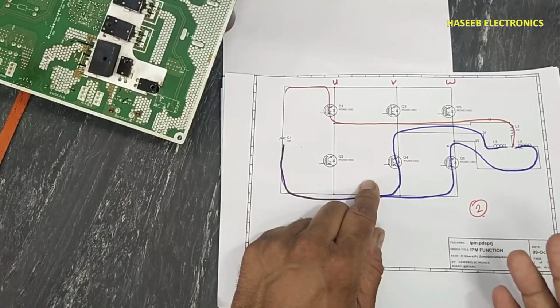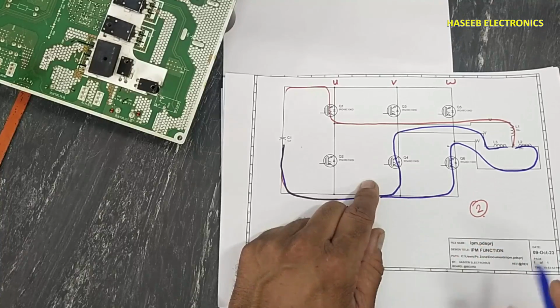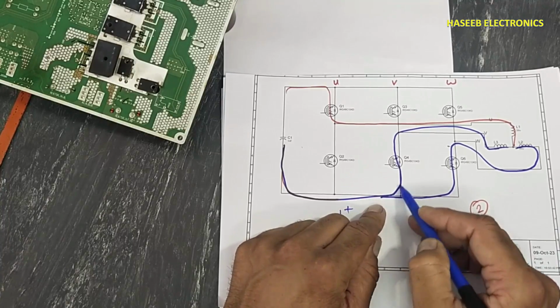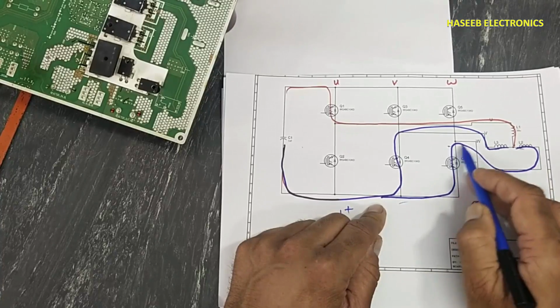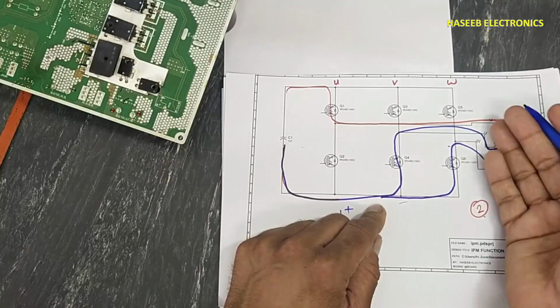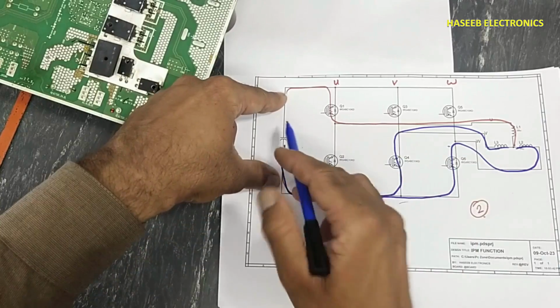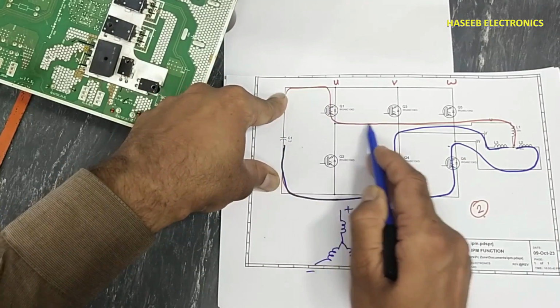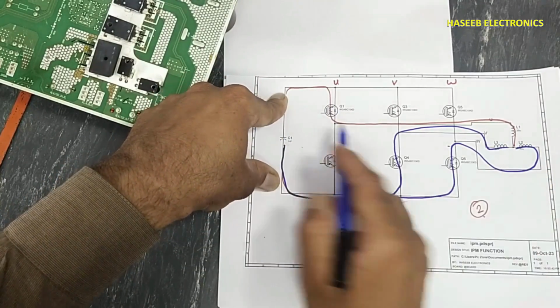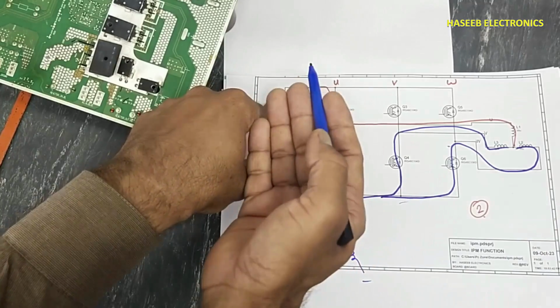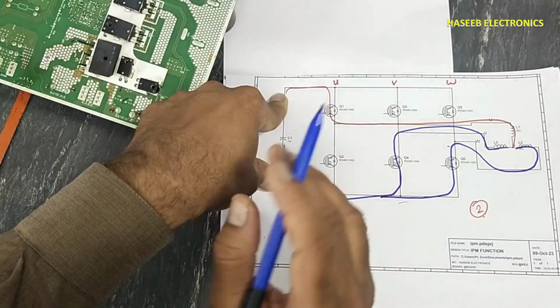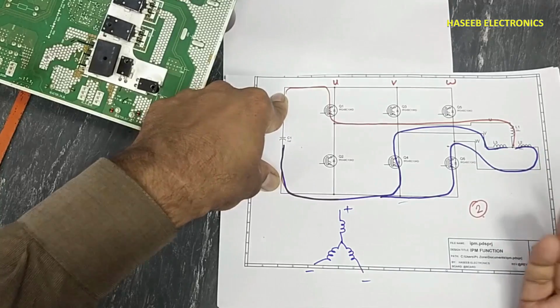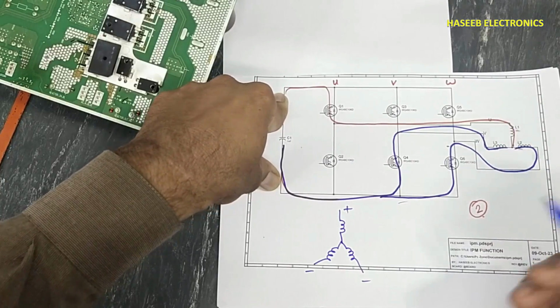It will do nothing. Why? Because when it is turned on, it provided the return path, but to complete this circuit we need positive voltage. If this IGBT, its driver, its drive signal, anything is wrong, it will not rotate the compressor.